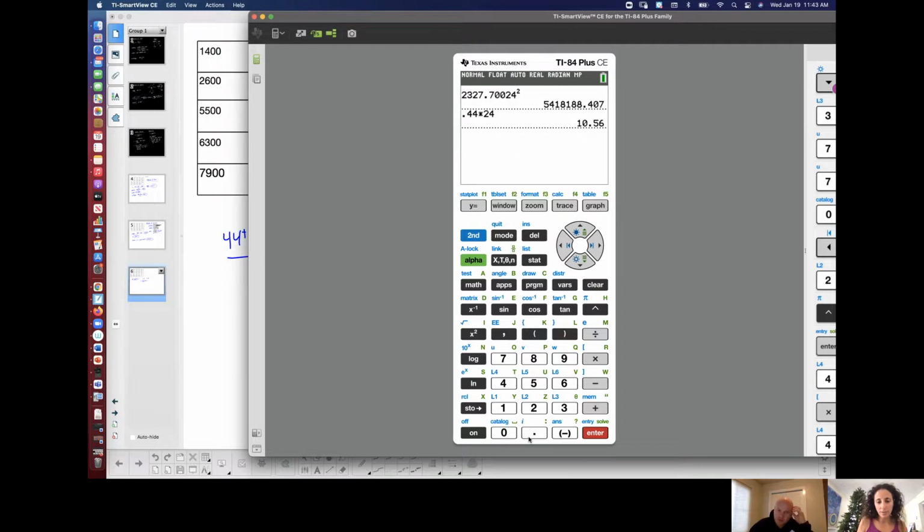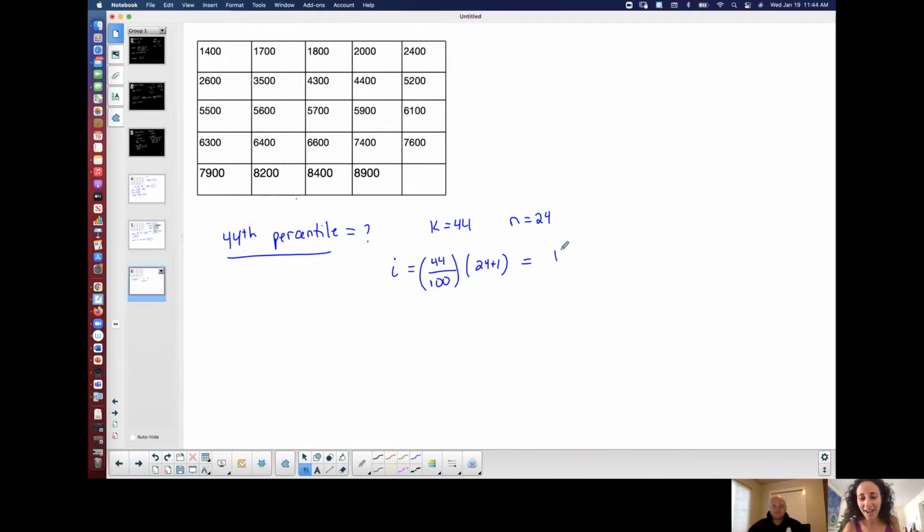I meant to put 25. 0.44 times 25, don't make that mistake. 11. So my I is equal to 11 in this case. Now this is not my answer, this is the location of the 44th percentile. It is the 11th data value.